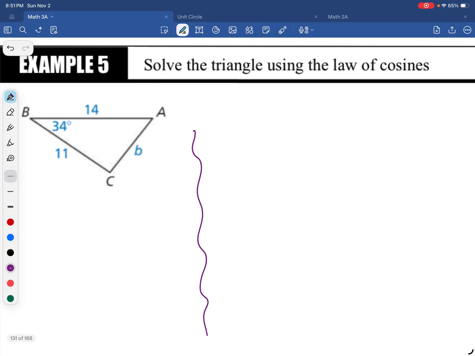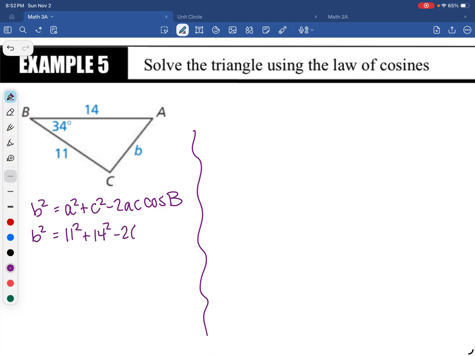Okay, this one says to solve the triangle, and so when we solve the triangle, we're basically finding everything. But since we have these three grouped together, that's going to help us find side B first. Okay, so B squared equals A squared plus C squared minus 2AC cosine B. We don't know what B is, but we know that A is 11 and C is 14.